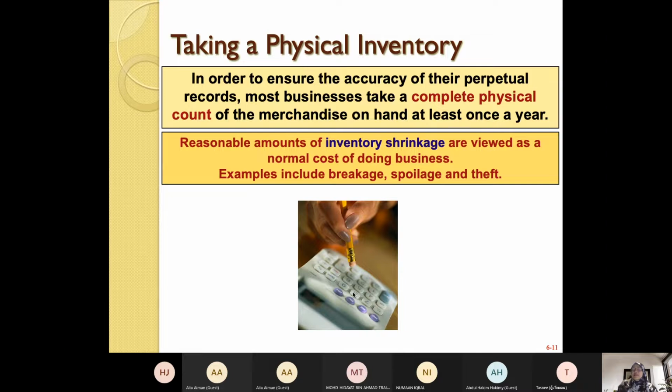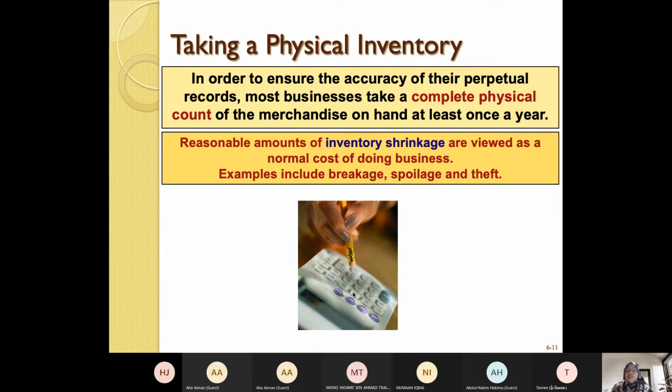The reasonable amounts of inventory shrinkage are viewed as a normal cost of doing business. This shrinkage could be due to breakage, spoilage, theft, or because inventory expires. There's an expiry date, so you cannot take that into account. All these are done, and then only you see how much is actually my physical inventory that should be represented in the accounts.